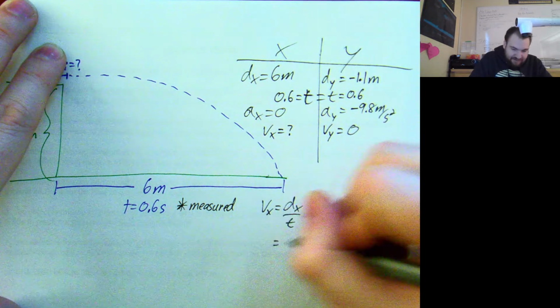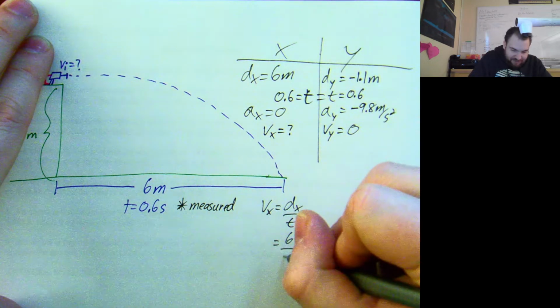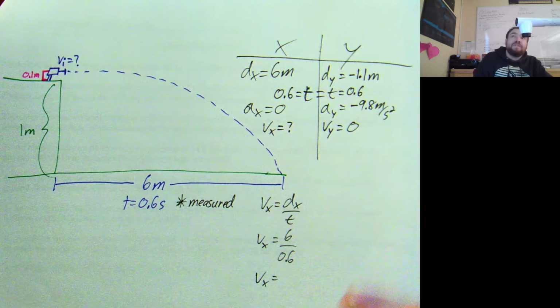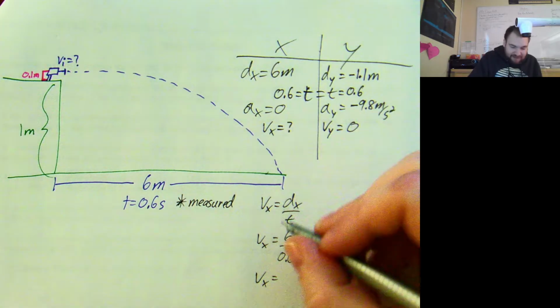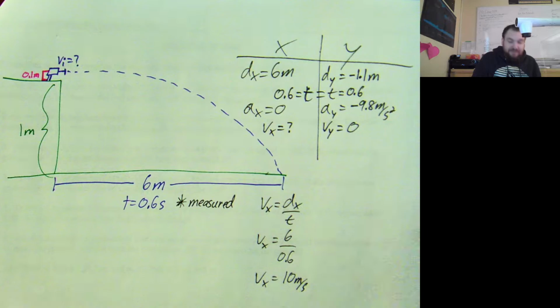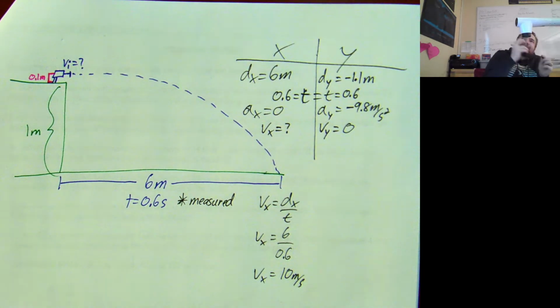We know that the horizontal distance was 6, and we know that that took 0.6 seconds. So based on what we've got here, Vx is going to be 10 meters per second. To be honest, you can just figure it out, the time is 0.6 and 6 meters, so you can divide 6 meters by 0.6. Right, yeah.